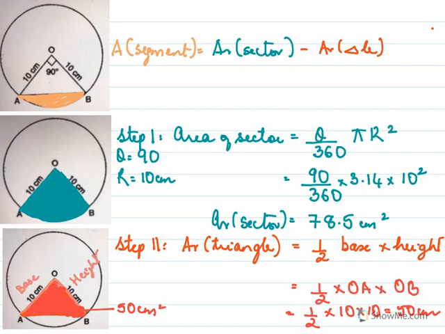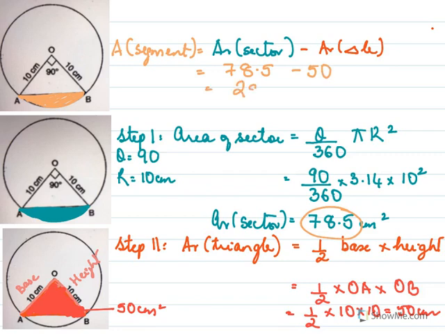To explain it again here, see, this is a sector, and from the sector, if I remove this triangle, I subtract the triangle, what I'm left with is the area of the segment. And that's exactly what I'm doing. So area of sector we found as 78.5, and area of triangle we found as 50.